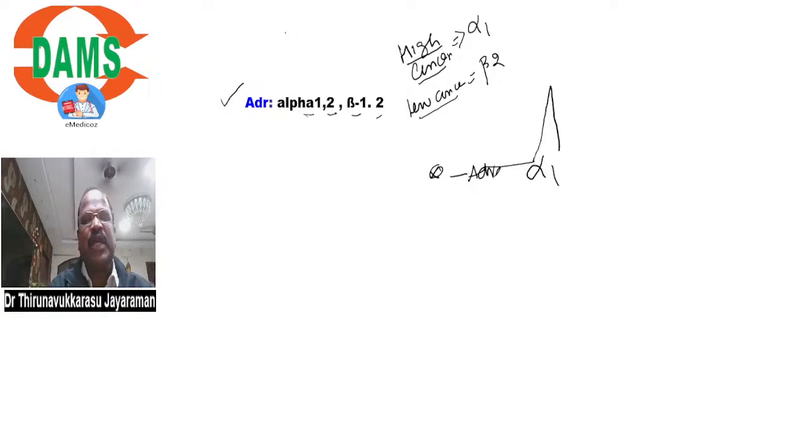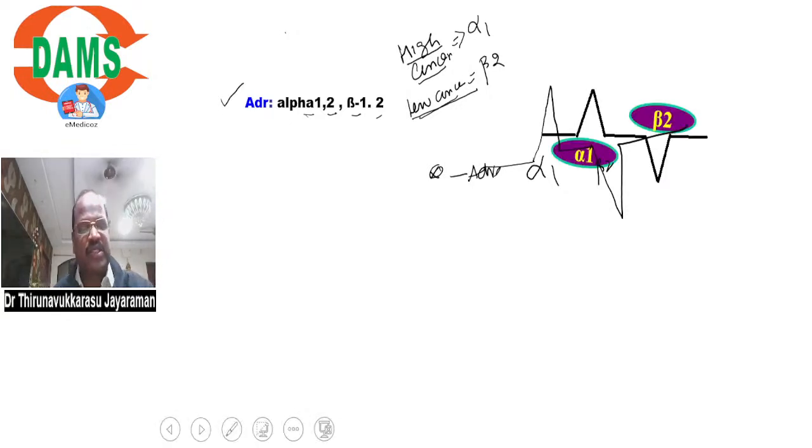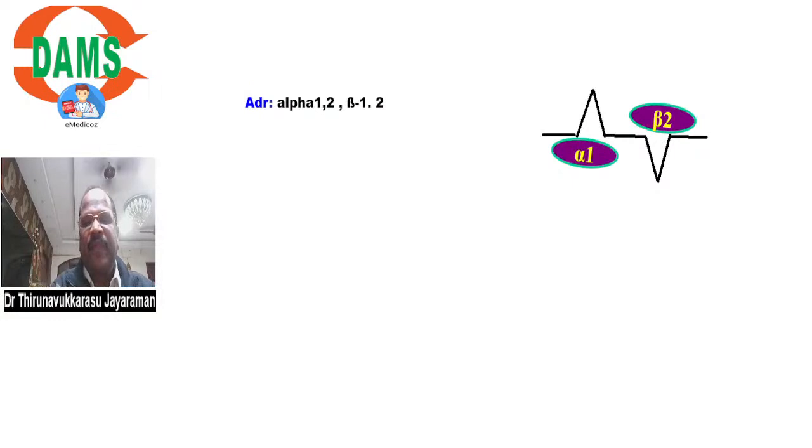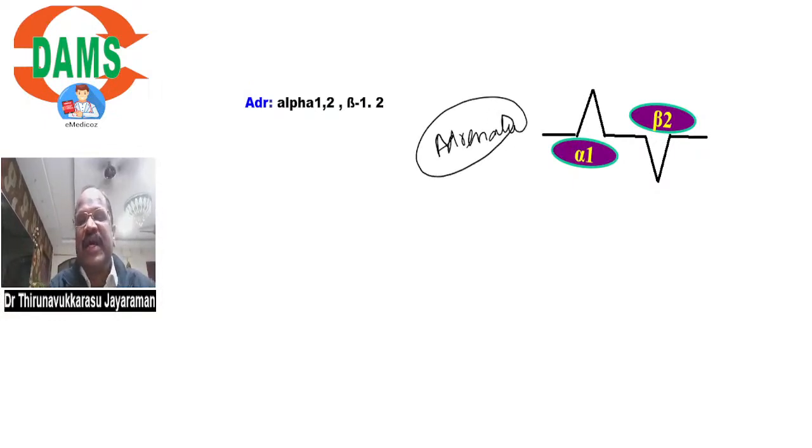When it decreases to low concentration, it is going to act on beta 2, causing vasodilatation, thereby causing a fall in BP. So look at adrenaline: initially it causes a rise in blood pressure, later on a fall in BP.